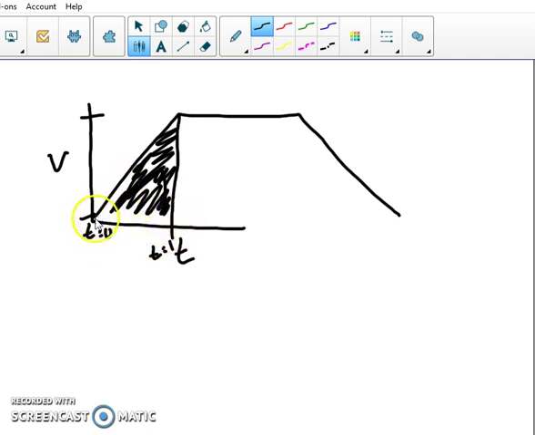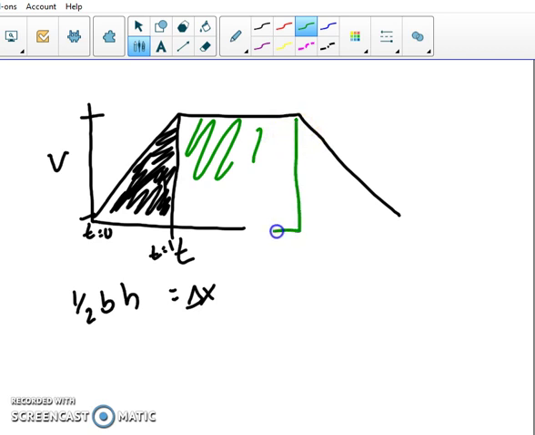If you were to calculate the area, which just happens to be a triangle, that would be 1/2 base times height, and if we calculated that, we would get its position, how far it went in a given amount of time. If you were to do that for this square here, that's just base times height.